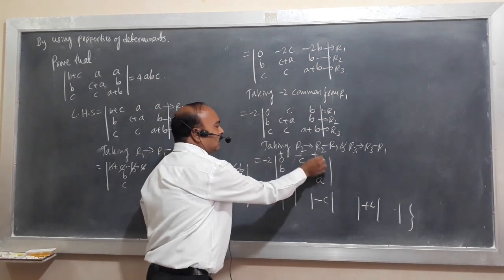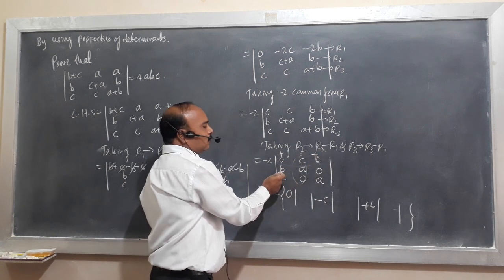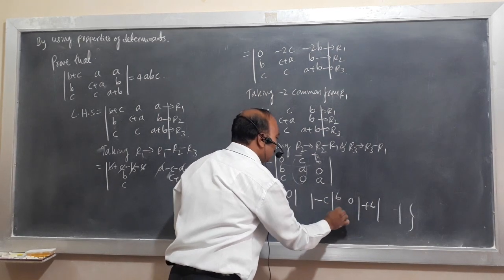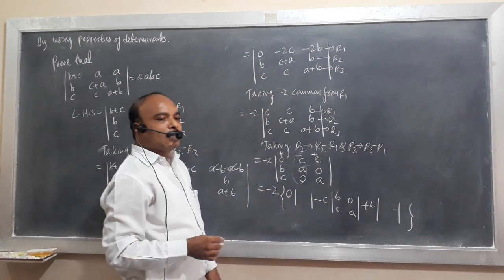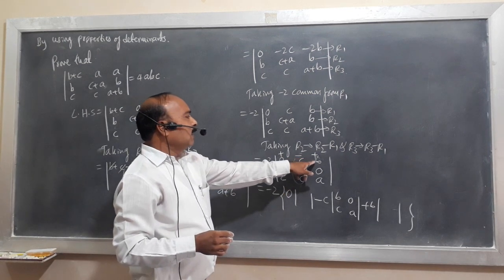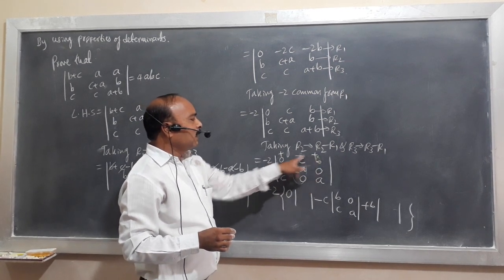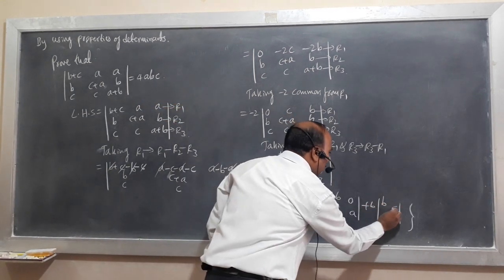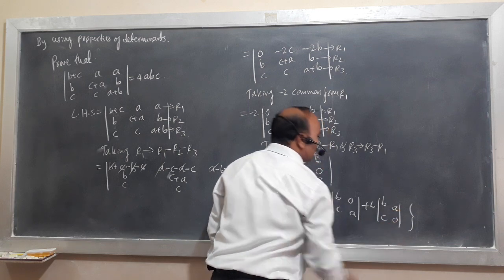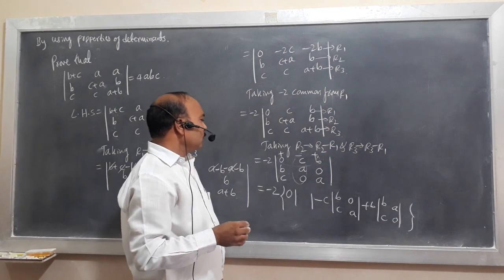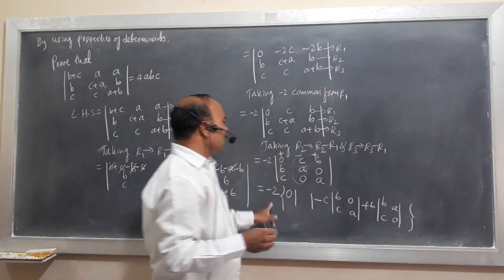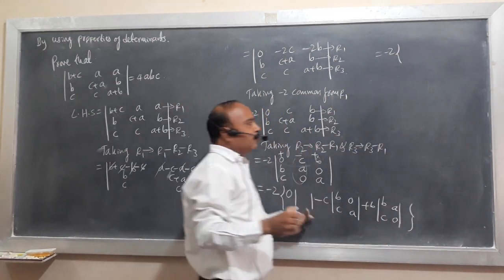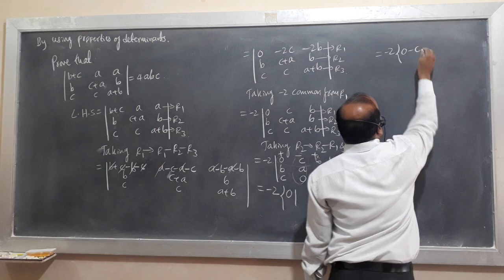Deleting this column and this row we get 0 B, 0 C A. That we write here: B 0, C A. Now after that, for this element, deleting this column and this row we get B A, C 0. It is written like this. Now we simplify this. It is equal to minus 2 as it is, into 0 into number is 0, minus C as it is.